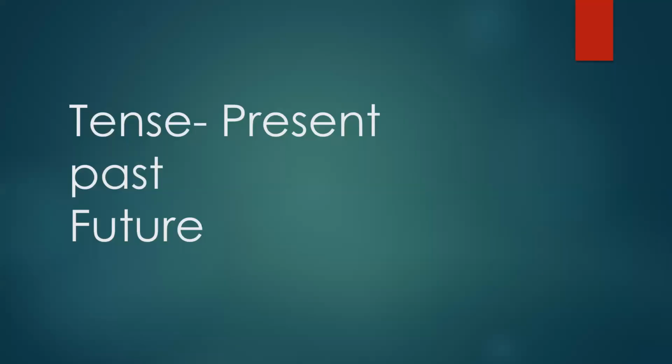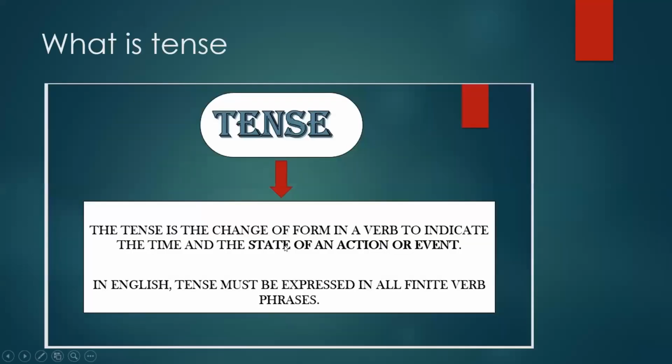So we have discussed parts of speech. Now we have to come to tense. So what is tense? Tense indicates time. So according to tense, the verb form changes. There are three tenses: present, past, and future.